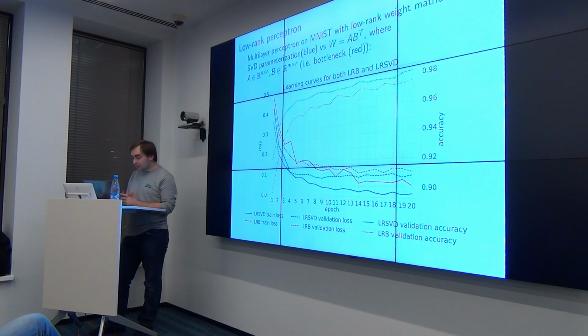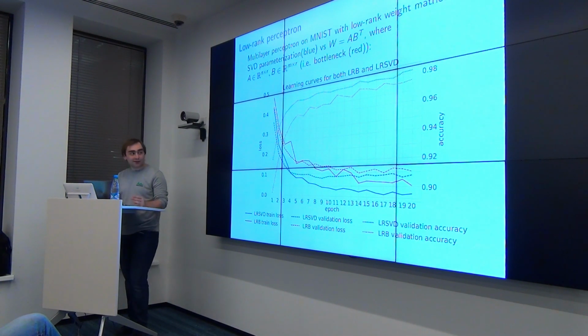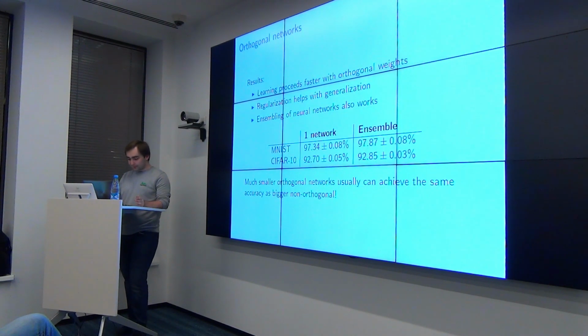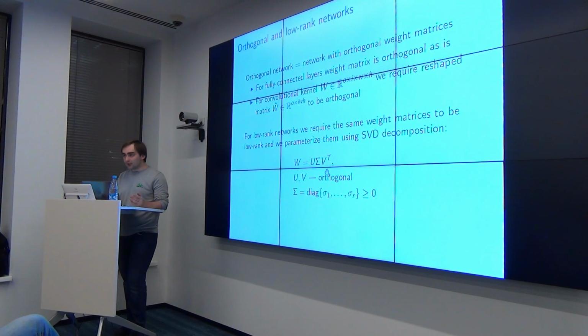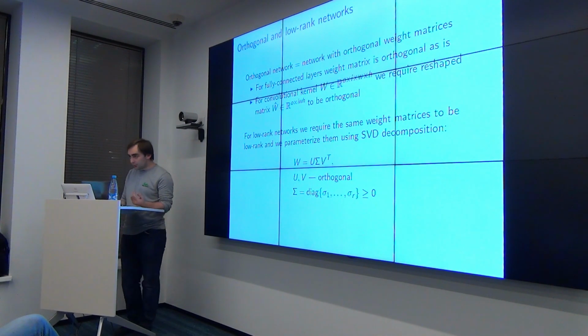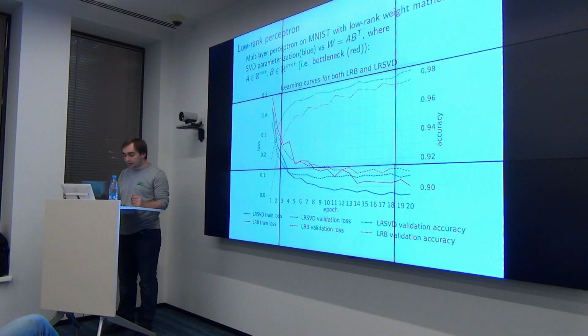As you can see, the training goes faster, validation accuracy is better, and so on. The reason is, first, that bottleneck parameterization is ambiguous, and second, here we have U and V, which are orthogonal, and we use some Riemannian optimization or sampling for them, so we get better training.